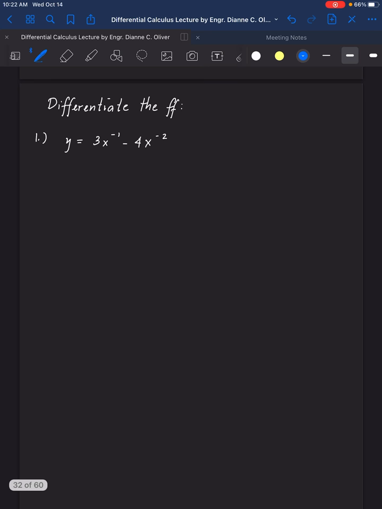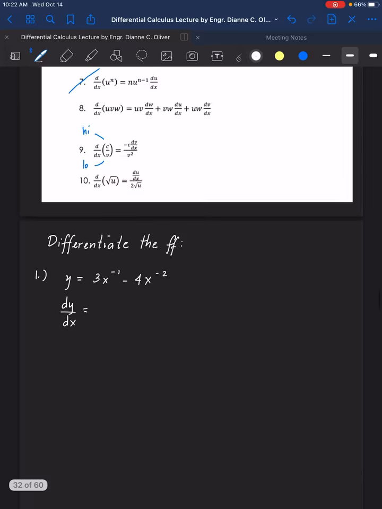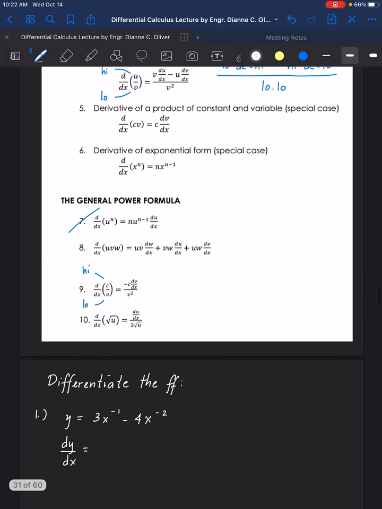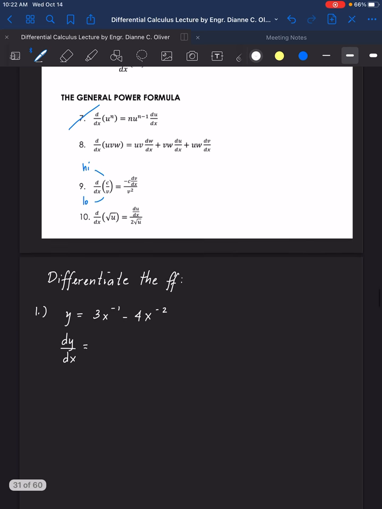So let's apply them. So we have here dy over dx for derivative. So we are deriving already. Equals, so as you have remembered, we have there the power, the 4 steps, the power.